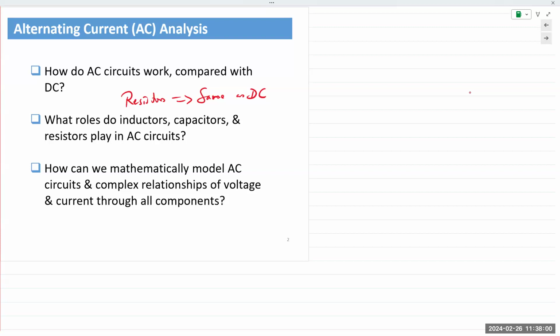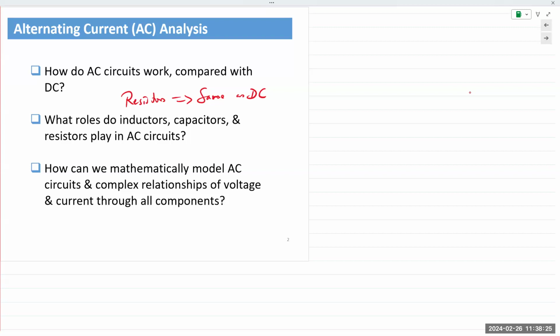But the good news is that we can mathematically model the entire circuit, including the sources as well as the components. Using complex math, we model it in such terms that you're able to use all of the DC analysis techniques as before. So we'd still be able to use Ohm's law, KCL, KVL, node voltage, and mesh current.